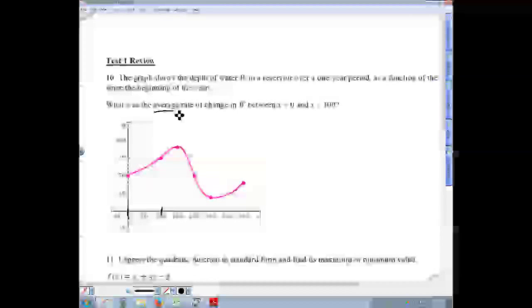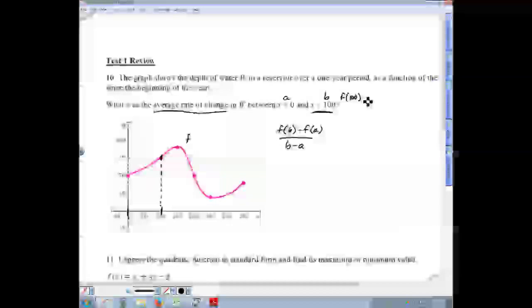Well, since it's an average rate of change, it's still the same formula, f of b minus f of a all over b minus a, and we can just call this the function f here. So f of b would be the value of the function f when x equals 100. If you check where x equals 100, you have a vertical distance of 75.